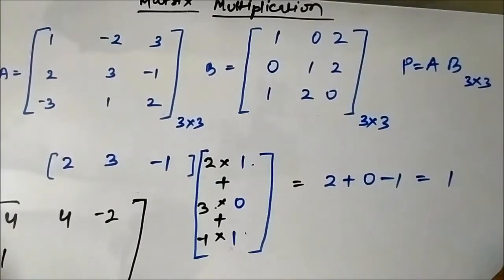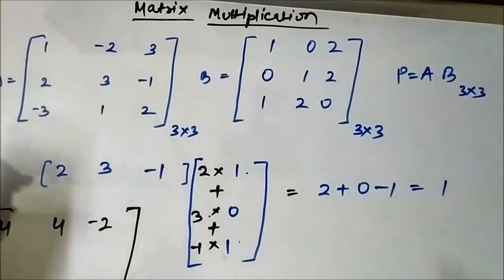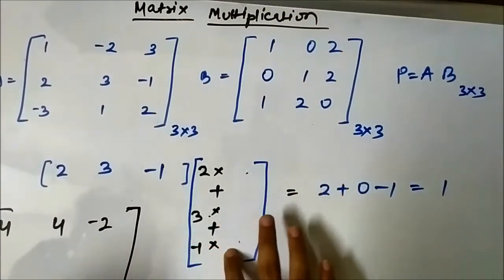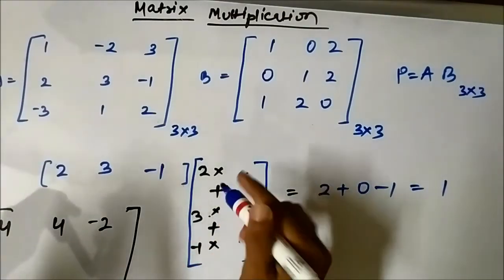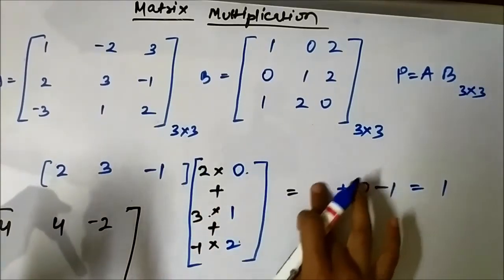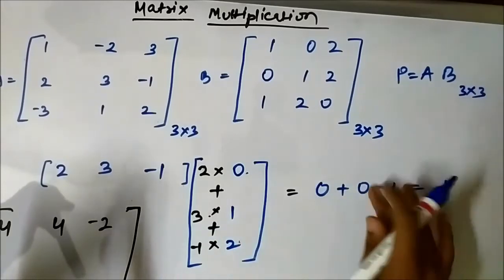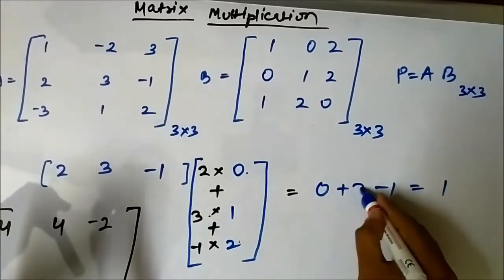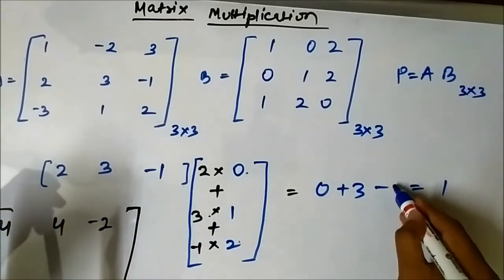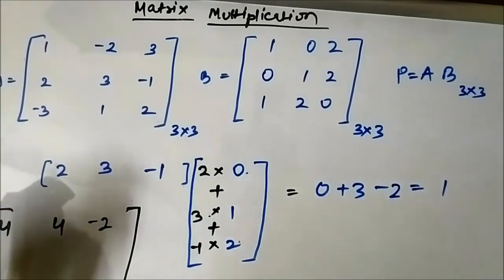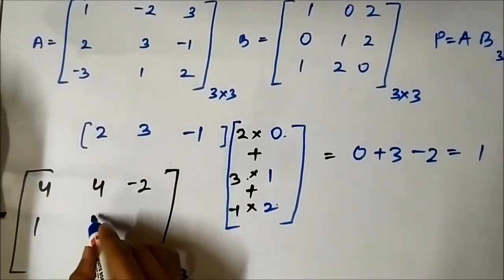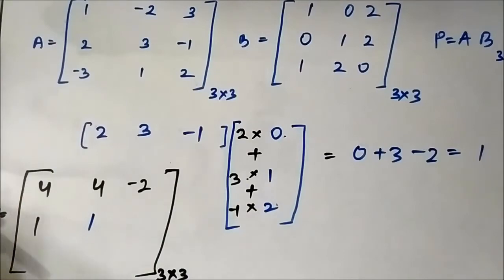Next it will be multiplied with the second column, 0, 1 and 2. It will be 2 into 0, 0, plus 3 into 1, 3, plus minus 1 into 2, which is minus 2. So again the result will be 1. This gives us the second element of the second row, which is 1.